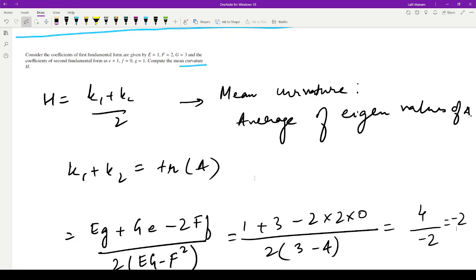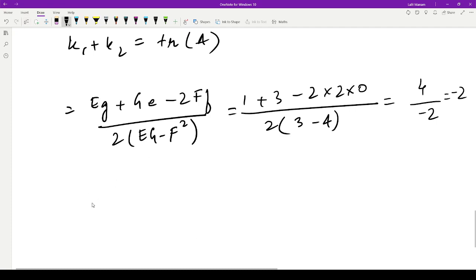So it might look something like this. So it's the same as the Saddle Ridge. Correct me if I'm wrong. I think it's the Saddle Ridge.